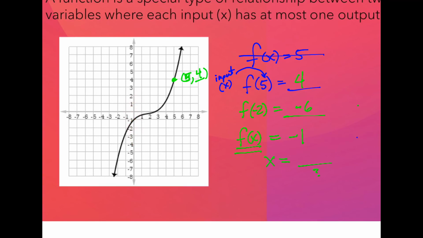And so we ask, what is the x here when y is equal to negative 1? Since we're on the y-axis, the x value is 0. So at x equal to 0, we have negative 1. Again, the ordered pair here would be (0, negative 1). Input x, output y.